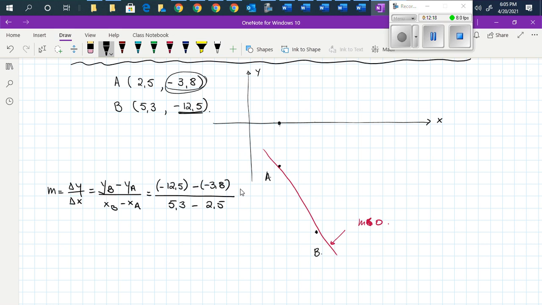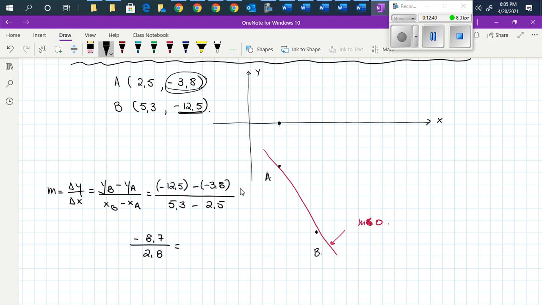In your calculator, negative 12.5 minus negative 3.8 gives negative 8.7, over 5.3 minus 2.5, which is 2.8.